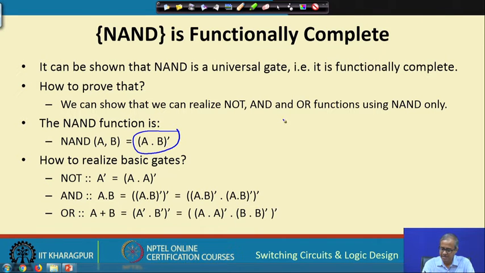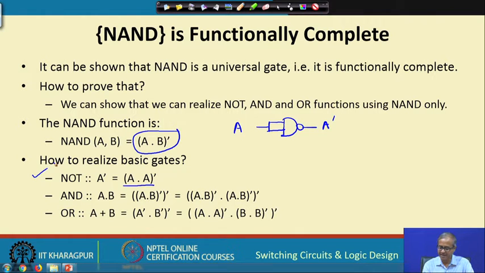Let us say I take a NAND gate, there are two inputs, I tie the inputs together and I apply a variable A. So, what will be my output? It will be (A and A) not, this is nothing but A bar, which means I can implement NOT.